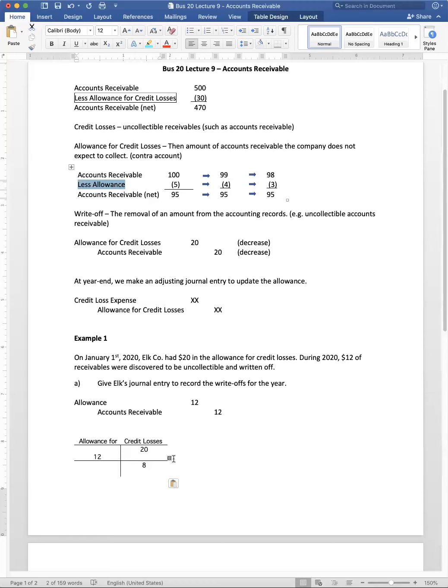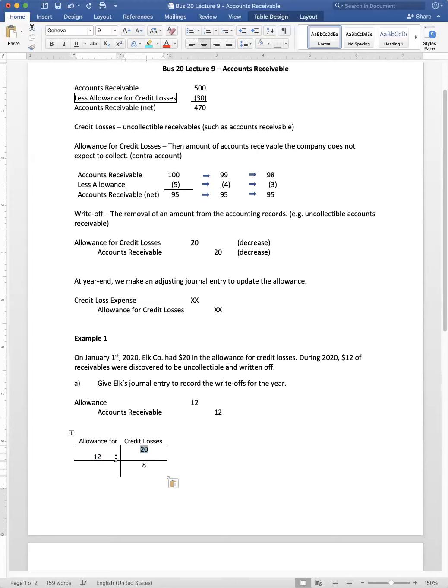So we usually end up with a situation like this for most companies, where in this case, they guessed $20, the actual thing was 12. Now that's good for the company because they guessed they wouldn't collect 20, but it was only 12 they couldn't collect, so they did better than they thought. That means, however, that we have an $8 leftover. In this case, the leftover is on the credit side, but it's entirely possible the leftover could be on the debit side.